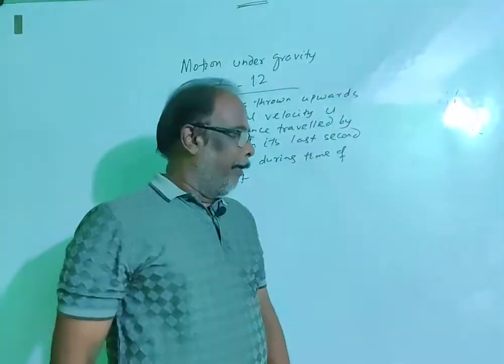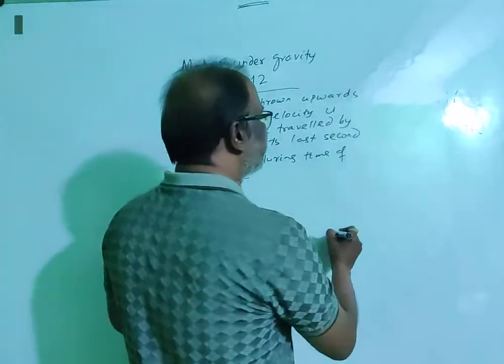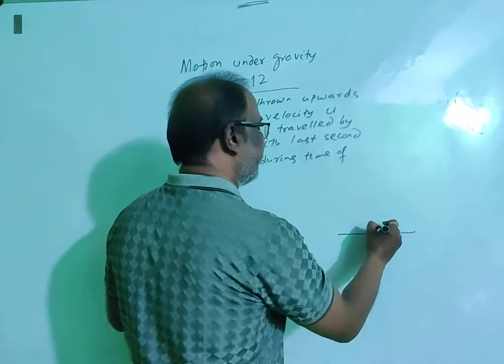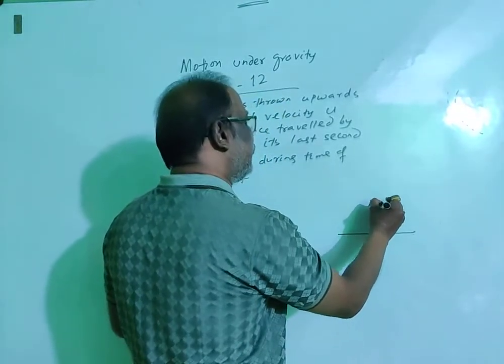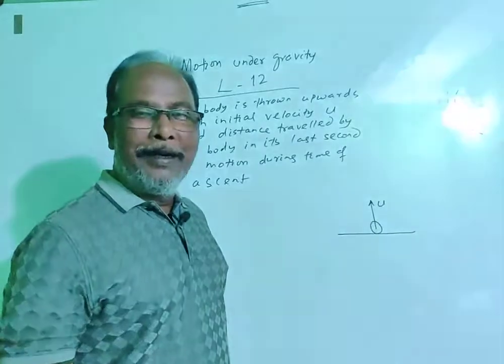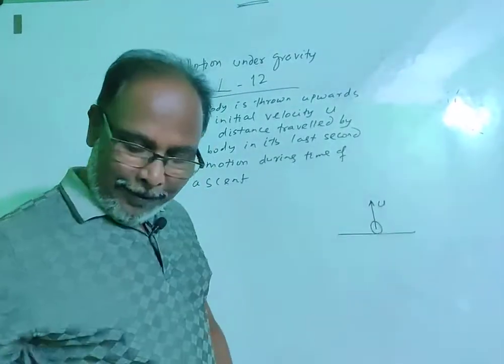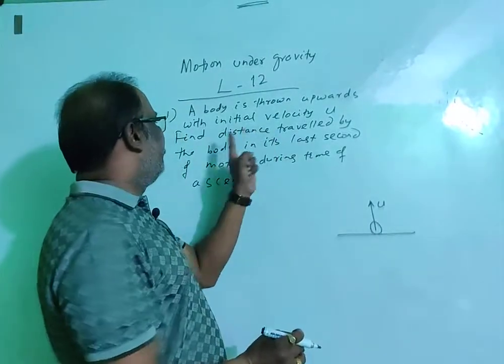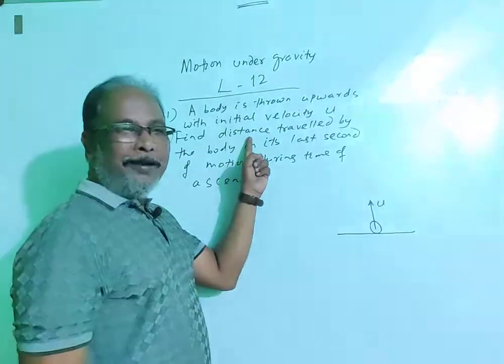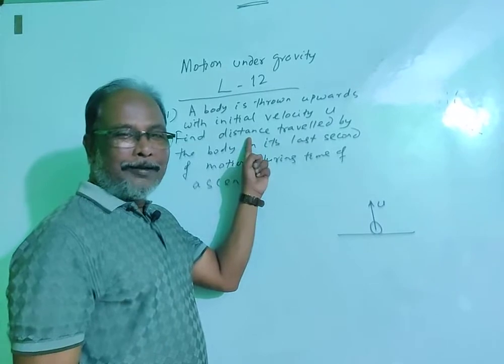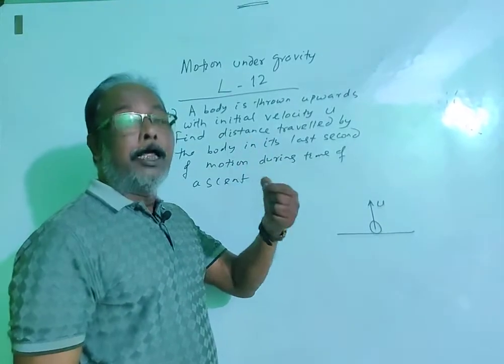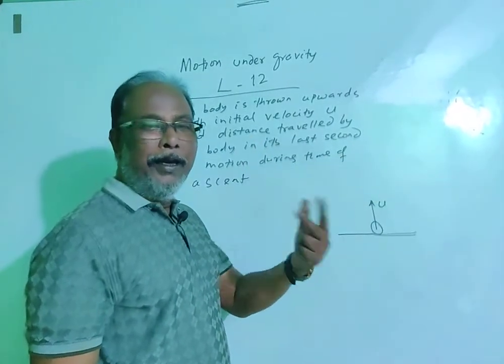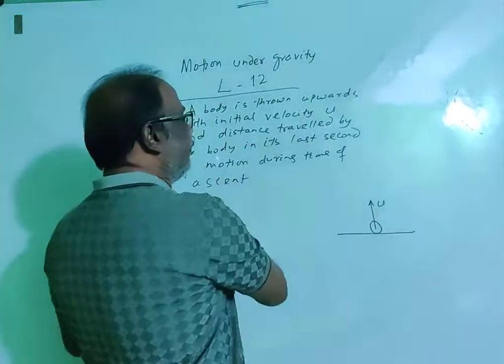A body is thrown upwards with initial velocity u. I am representing the numerical on the board. We have to find the distance travelled by the body in the last second of its motion during time of ascent.